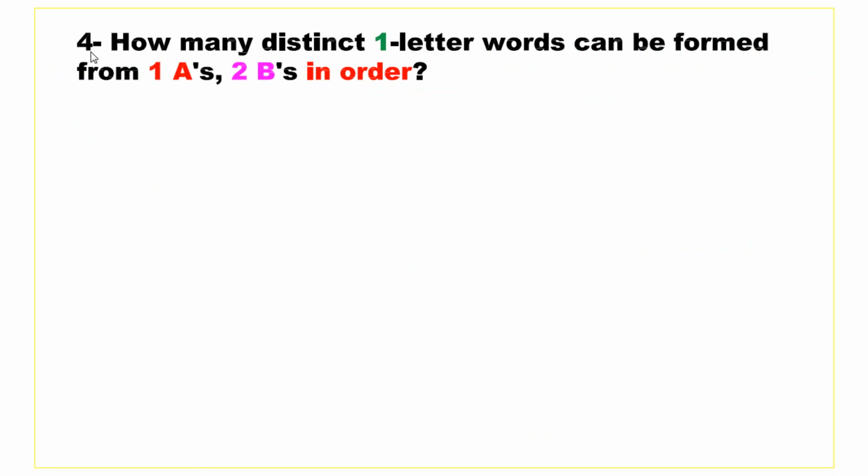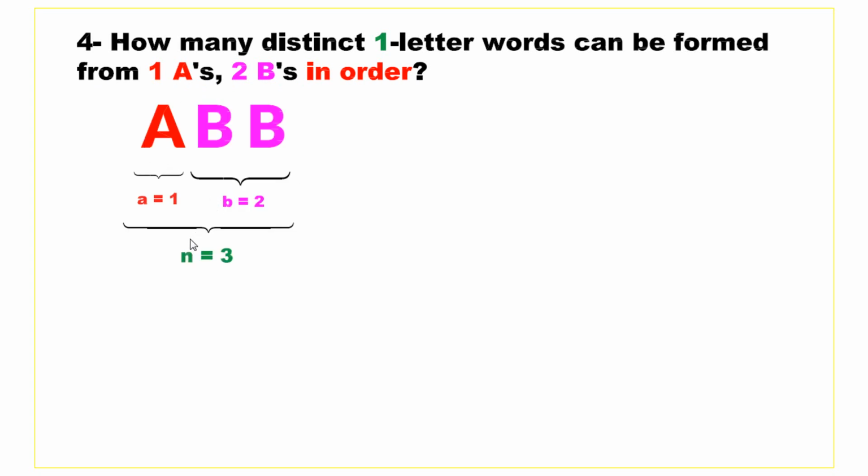So we have a simpler question here, number 4. How many distinct one-letter words can be formed from one A and two B's in order and without replacement? So we have 1 letter of A, 2 letters of B, and the total is 3 letters, and we want to find how many one-letter words we can compose out of it using that formula in order to verify it.